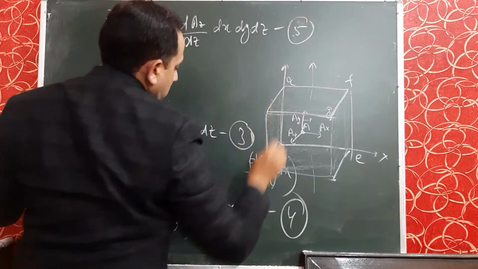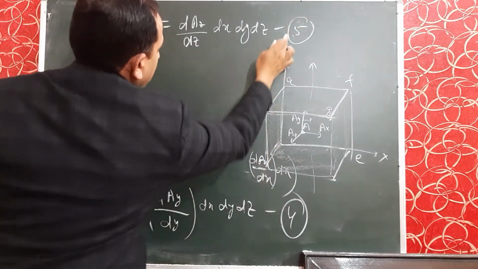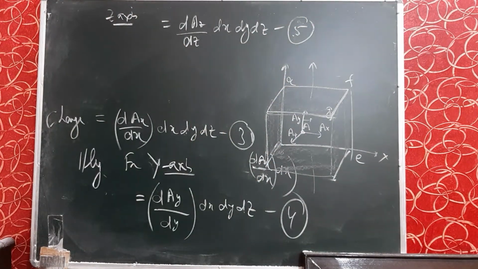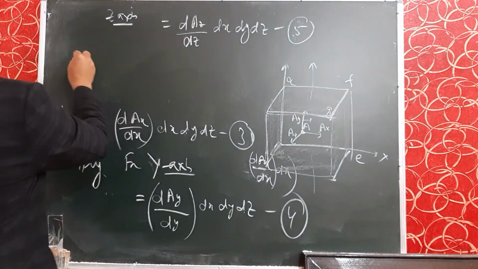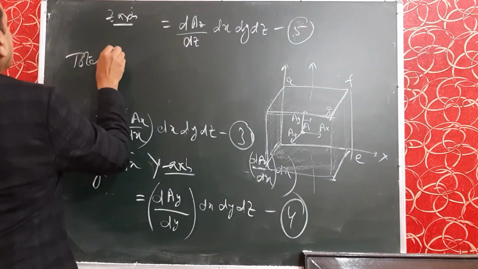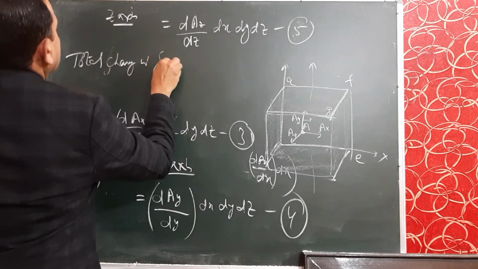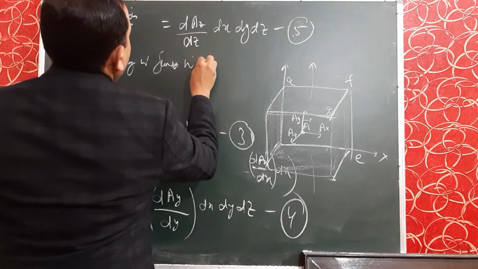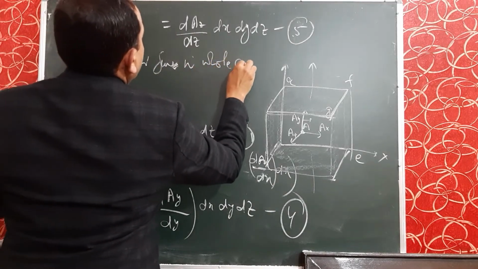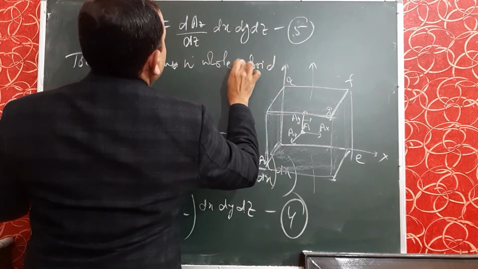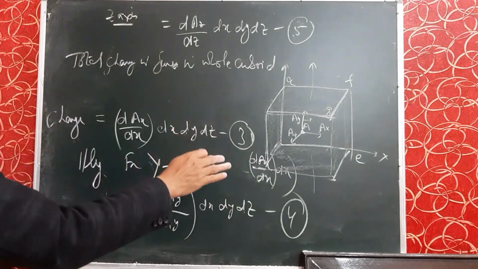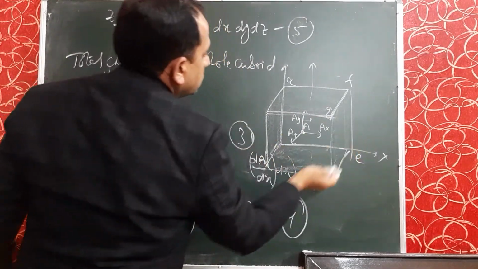Sorry, equation number 3, equation number 4 and equation number 5. So these are the three changes in flux which we will get in all cases. Now the total change in flux in the whole cuboid, we will consider along x-axis, y-axis and z-axis.